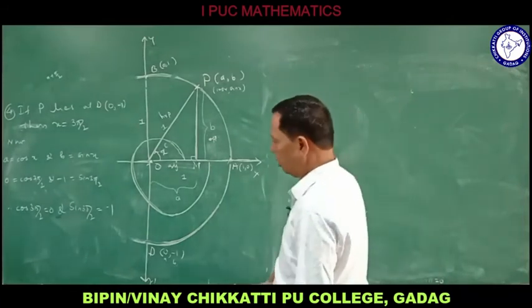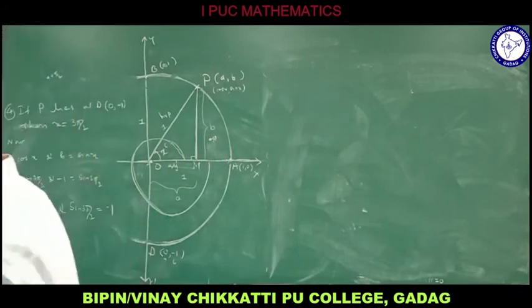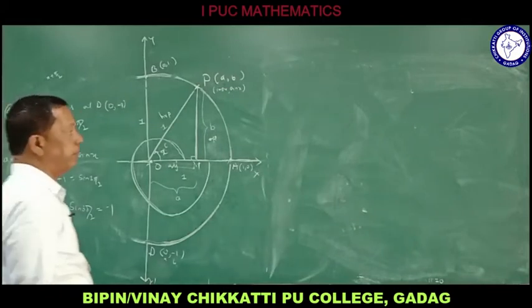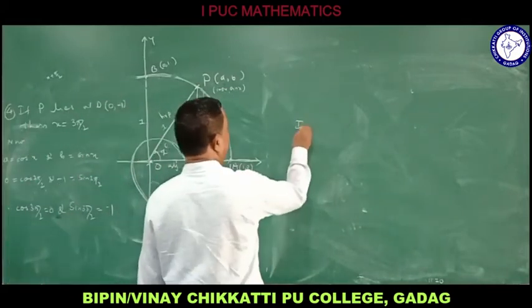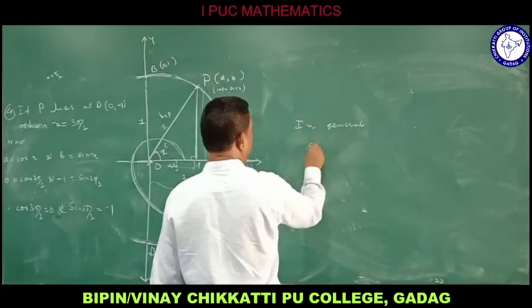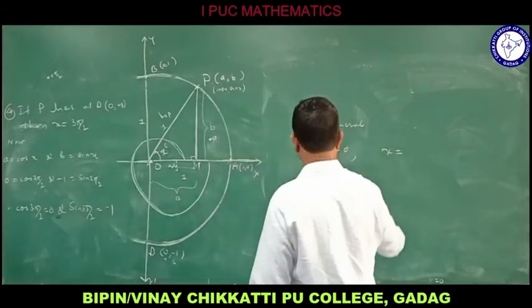Here we have discussed all quadrant angles, that is true, but now you can say in particular that you remember 2 points. In general, you take it sin x is equal to 0 when x is equal to what?